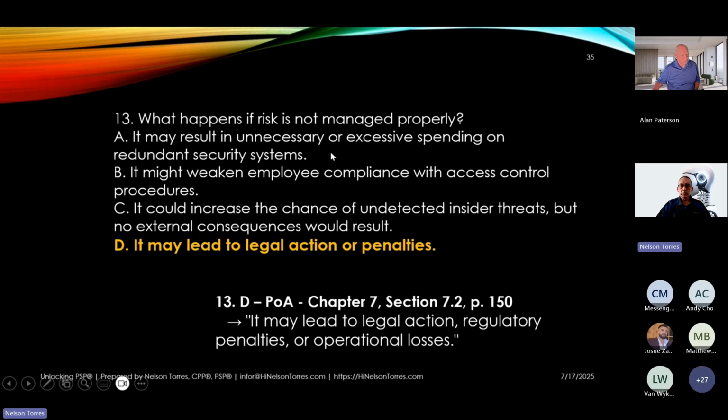It may result in unnecessary spending on redundant security systems. Yes, it could be, but it shouldn't be. You shouldn't spend money on something that is not worthy or that will not be good for the organization.